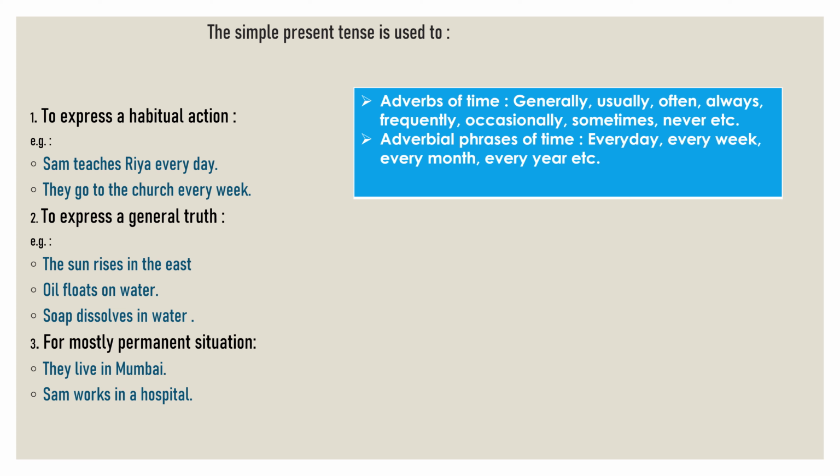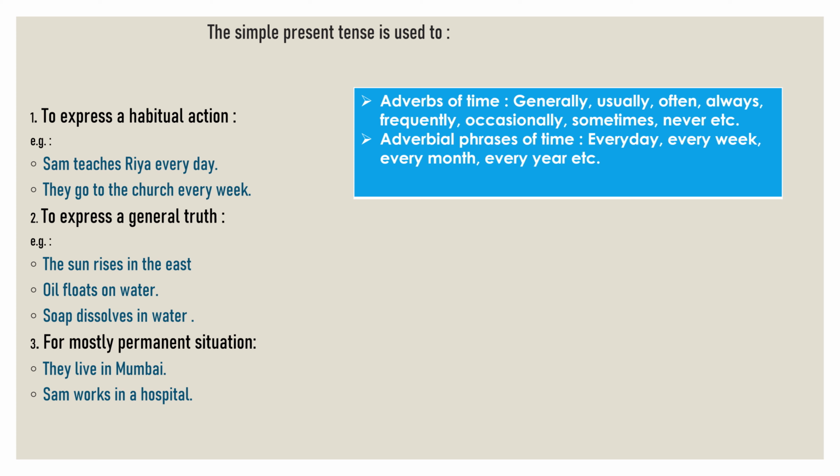Is they a plural subject or singular subject? Yes, they is a plural subject. So we can use the original form of the verb here. It's not they goes to the church every week. It is they go to the church every week. Or we can make sentences like we go to the school every morning. I travel by bus every day.